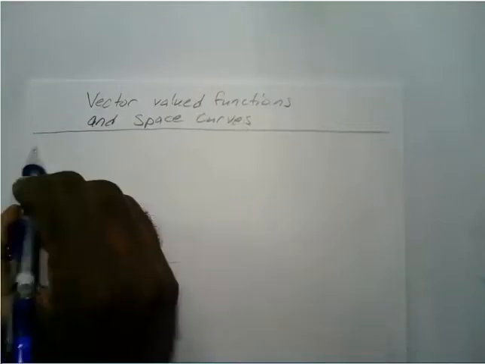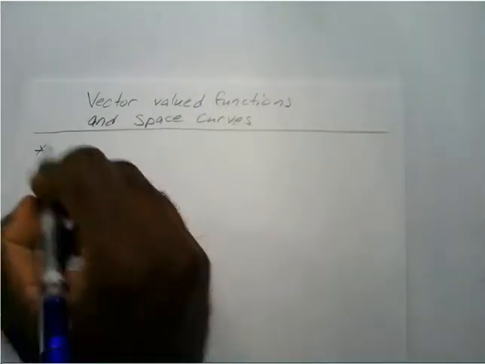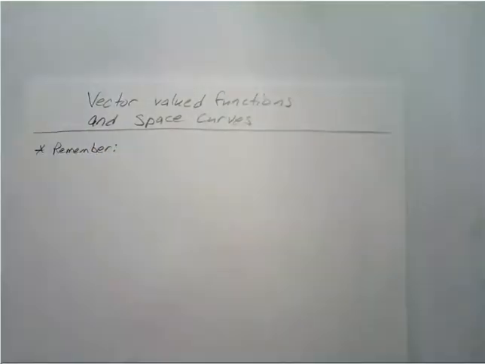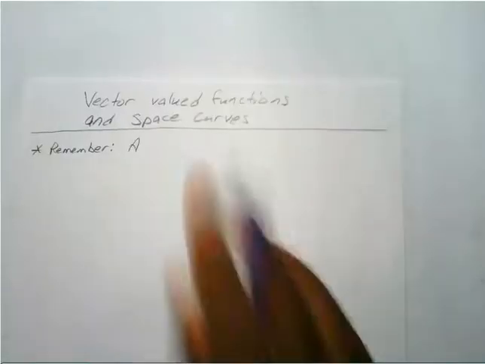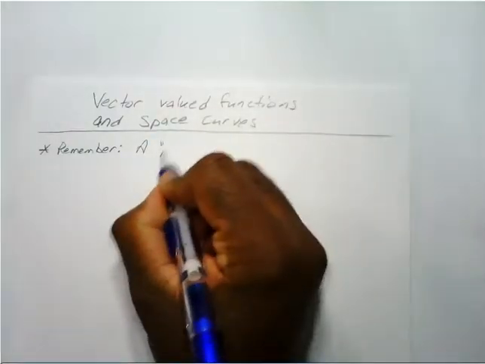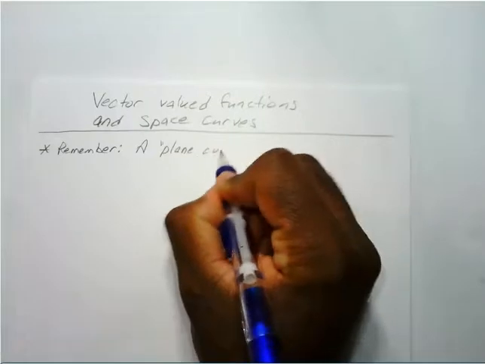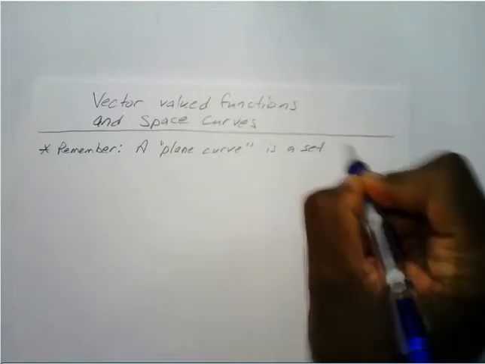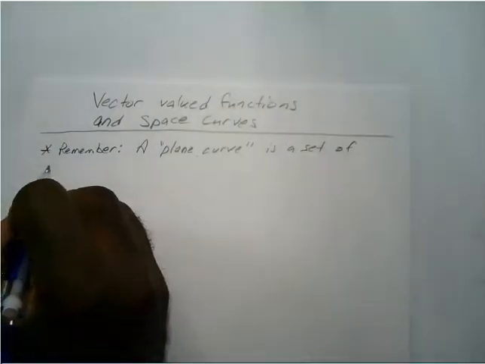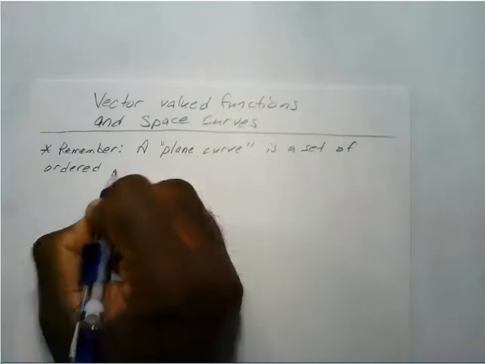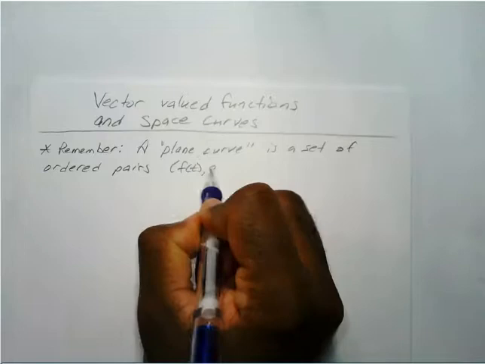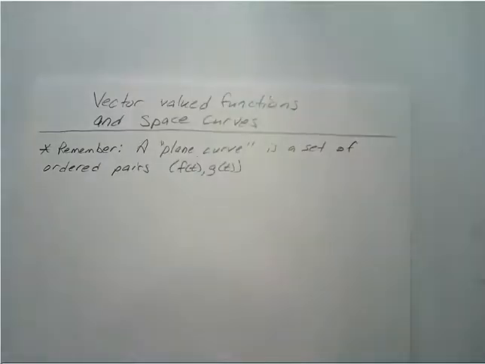Okay, so starting off, if you think back, a plane curve is a set of ordered pairs f of t and g of t. Remember, we're talking about parametric equations, so those are the curves on a two-dimensional plane.